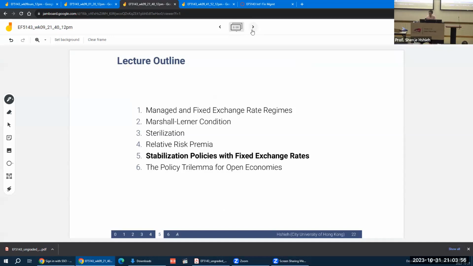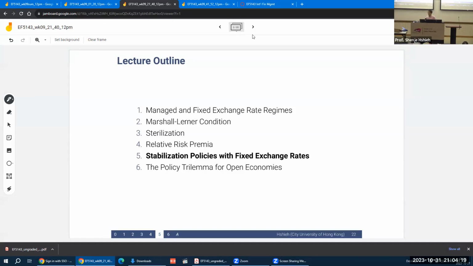All right. So next, we'll talk about how to use fixed exchange rates to stabilize your economy when you're in trouble. So think about Hong Kong. How do we leverage the fact that we have a pegged exchange rate to counteract an economic recession?